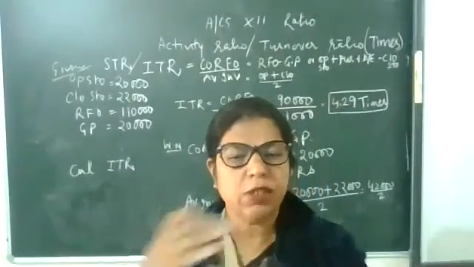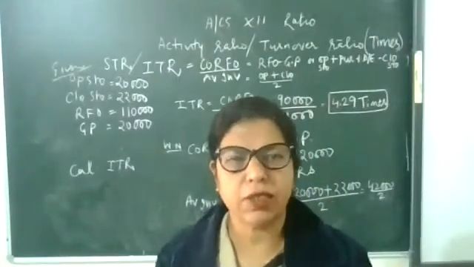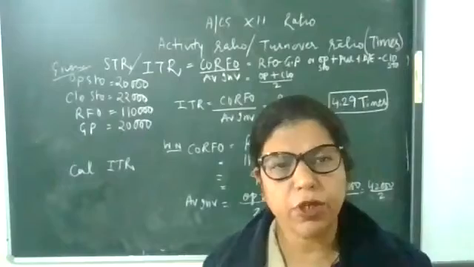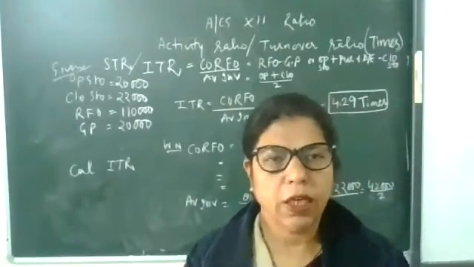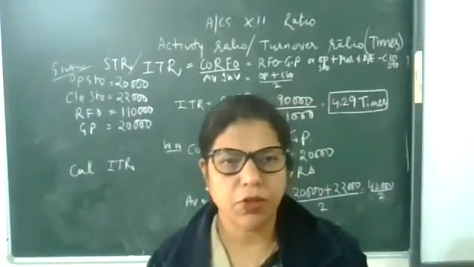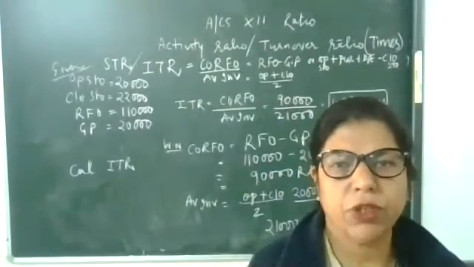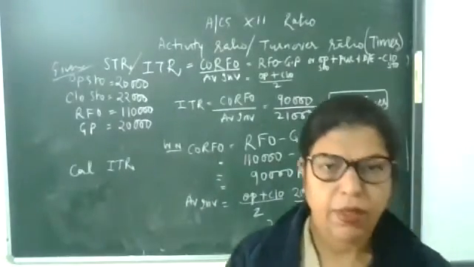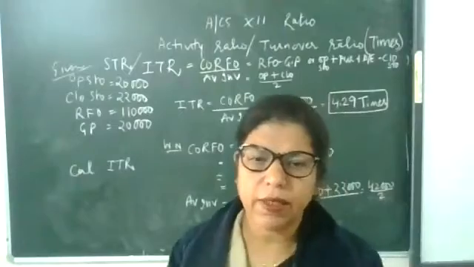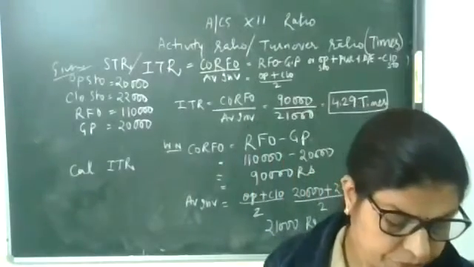So when something is missing, we have to do these types of questions by the cross multiplication method. Now for more practice, I am giving you the question. Please note down the question for practice. And if you want the answer, I can give you the answer also.